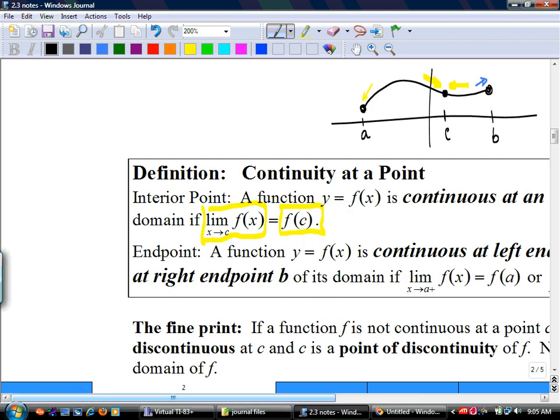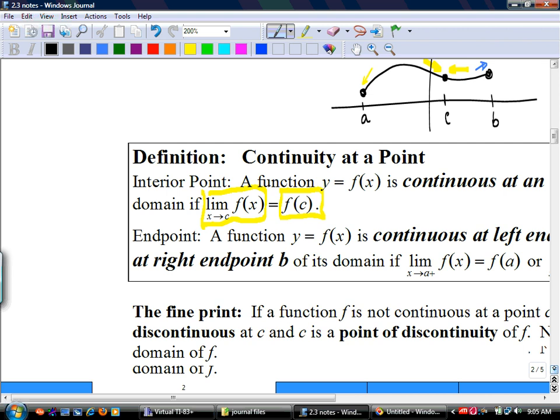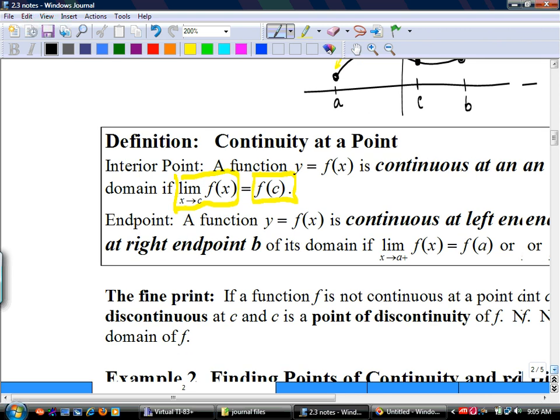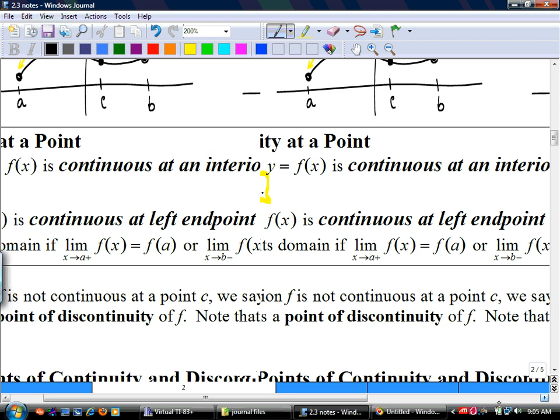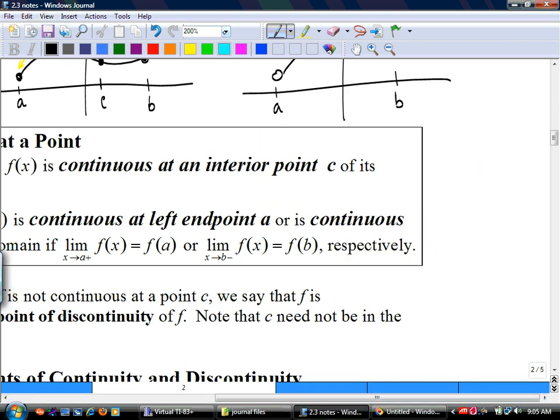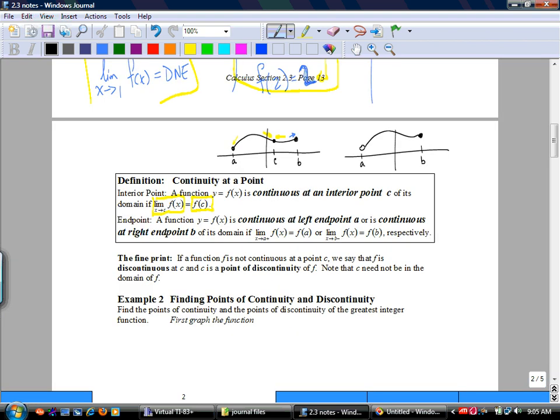Fine print. If a function is not continuous at some point c, what do we say? We say there is a point of discontinuity in the function. Note that c does not need to be in the domain of the function f. Now you're thinking to yourself, huh?